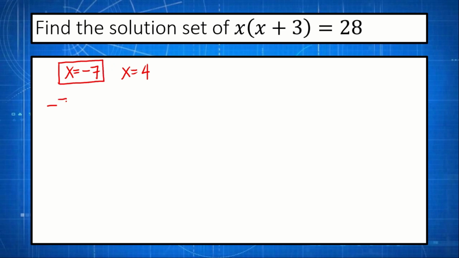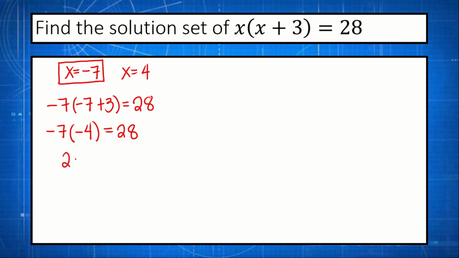So we have negative 7 multiplied to negative 7 plus 3 is equal to 28. When you add these two, negative 7 plus 3, we have negative 4 is equal to 28. So negative 7 multiplied to negative 4, that is 28, is equal to 28. So that is correct.